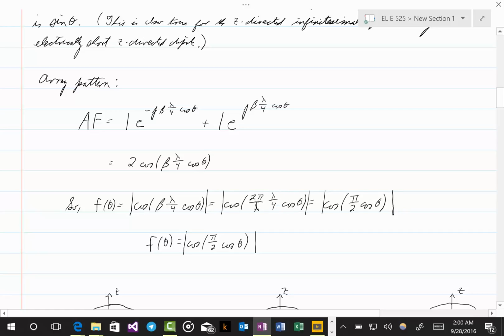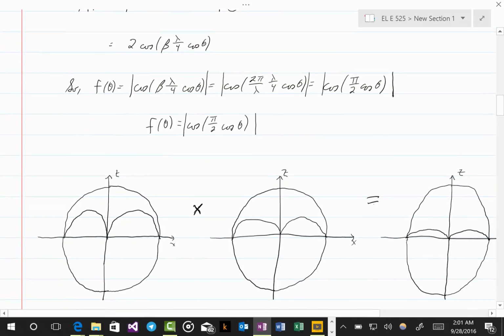The lambdas cancel, the 2 partially cancels with the 4, and we're left with the absolute value of the cosine of pi over 2 cosine theta. Again, f of theta is the absolute value of cosine of pi over 2 cosine theta. So now we are ready to draw our plots and find the complete pattern in the E-plane.